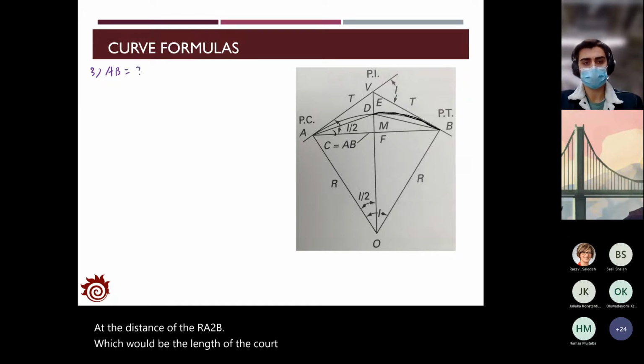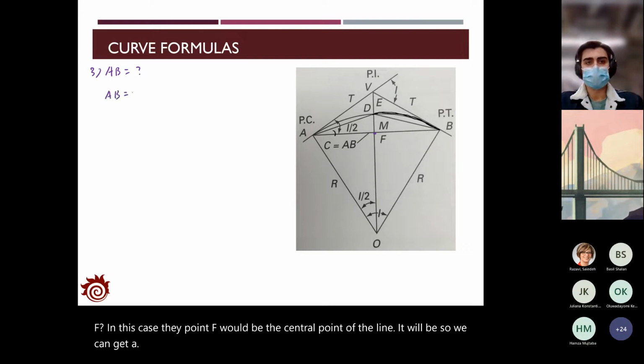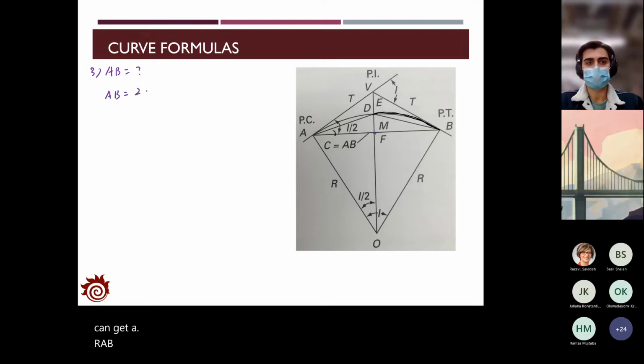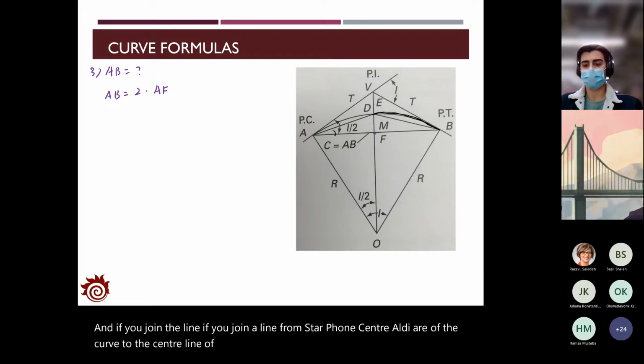And we know that the point F, in this case, would be the center point of the line A to B. So we get A to B as twice A to F. And if we draw a line starting from the center of the curve to the center of the chord, then this line is always perpendicular to the chord.